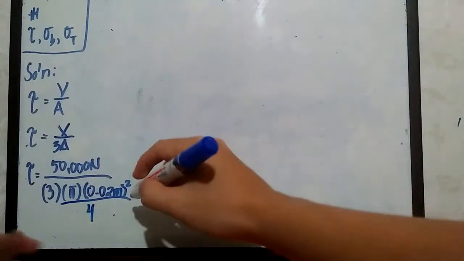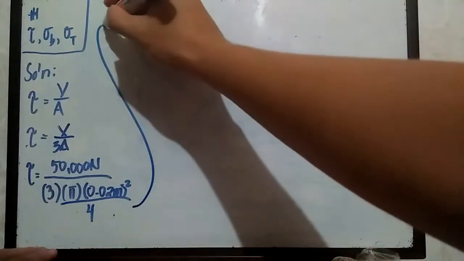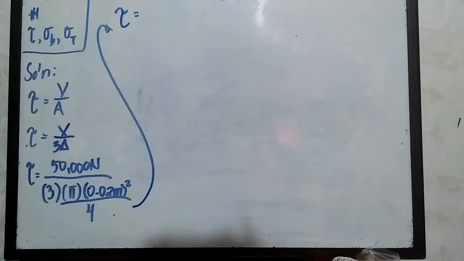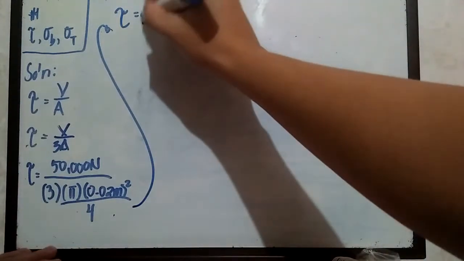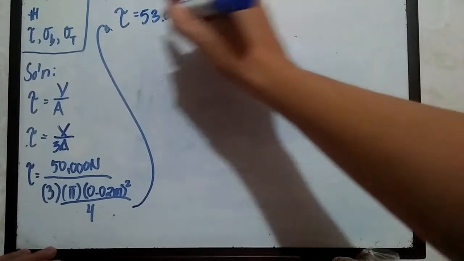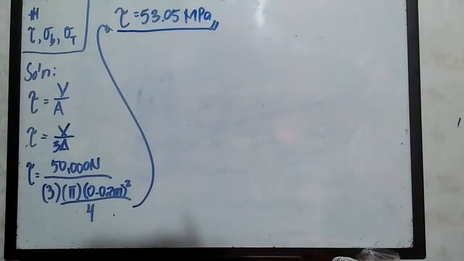Solving for shear stress, tau is approximately 53.05 megapascals.